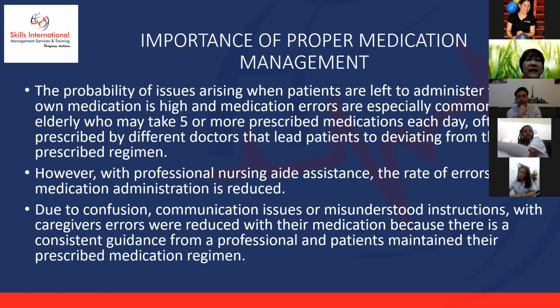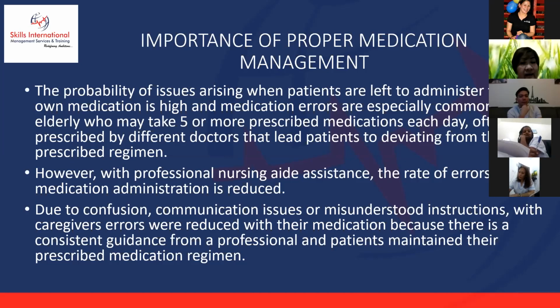So the medications are tripled or 5 or more. Now, if the patients themselves will be taking the medications, we are not sure that they will be able to take them without missing 1 or 2 per day.